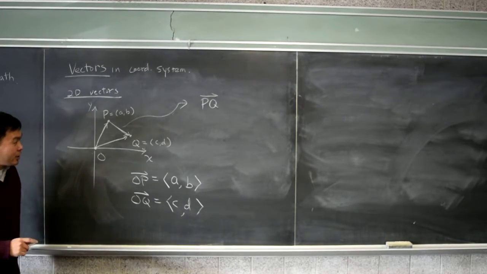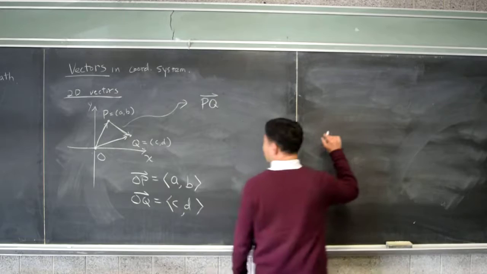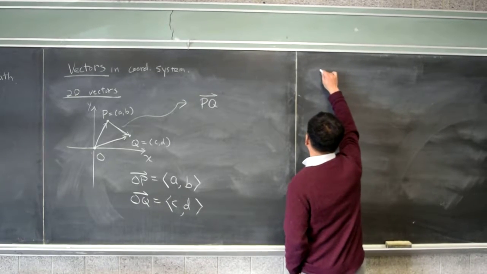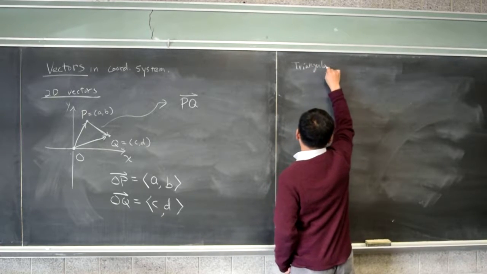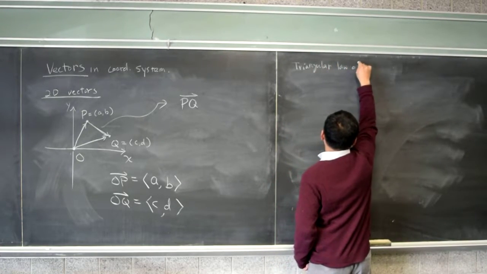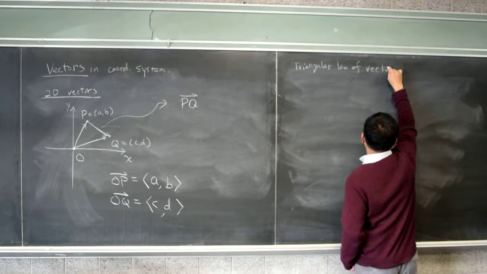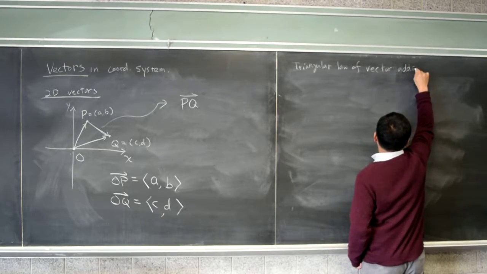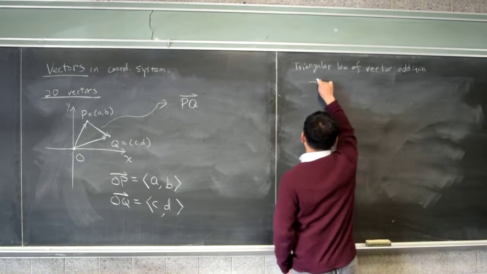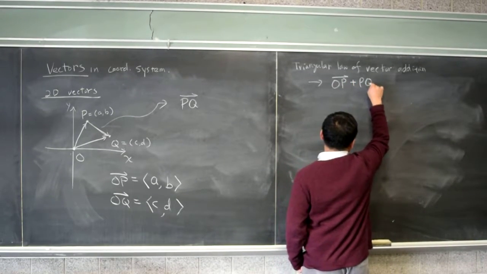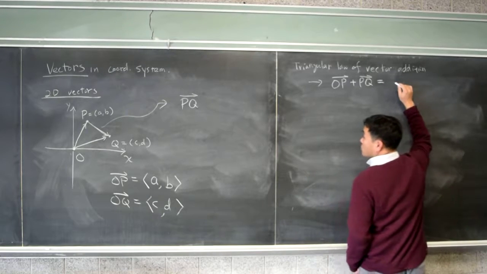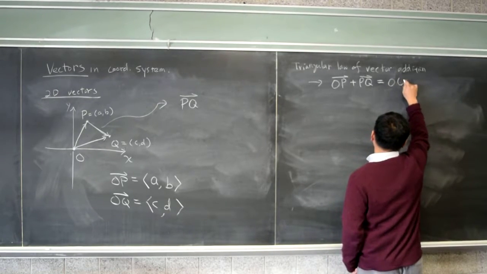OQ, right? So the triangular law of vector addition implies that OP plus PQ is equal to OQ.